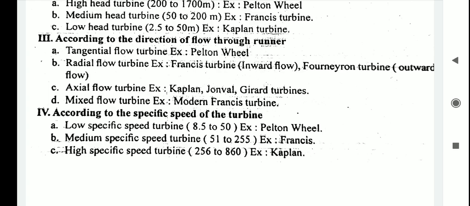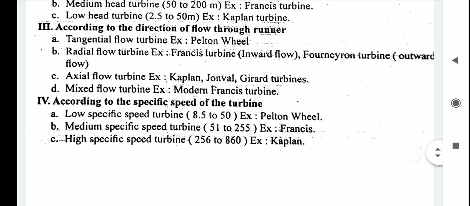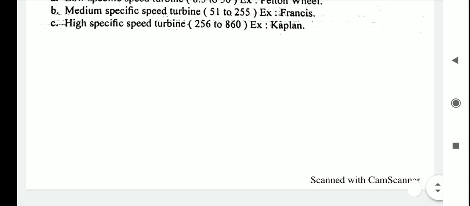This requires a high velocity, high discharge. Examples are Kaplan and propeller type turbines, where the specific speed range is 300 to 1000. So this is the range of specific speed, based on the specific speed type of hydraulic turbines. This is about the classification of hydraulic turbines. Thank you.